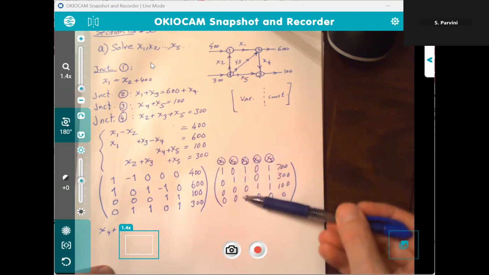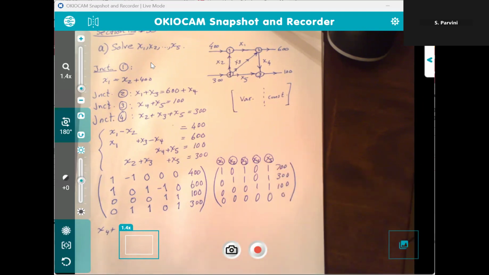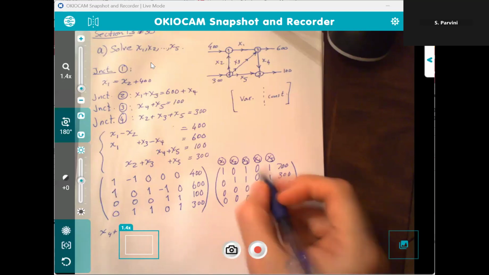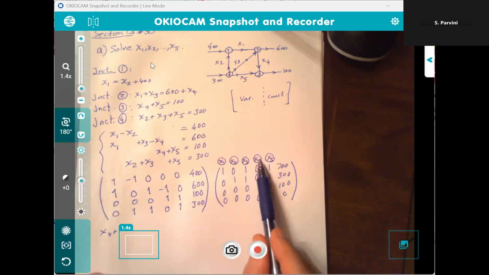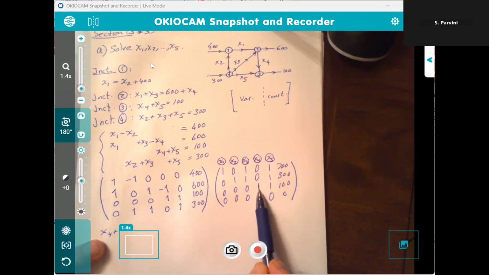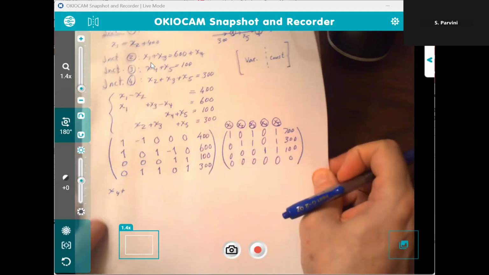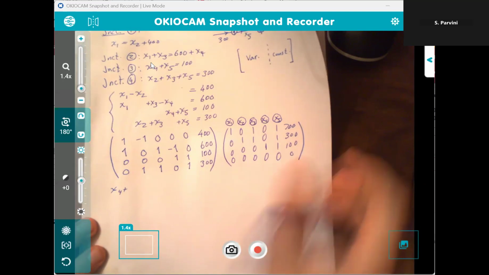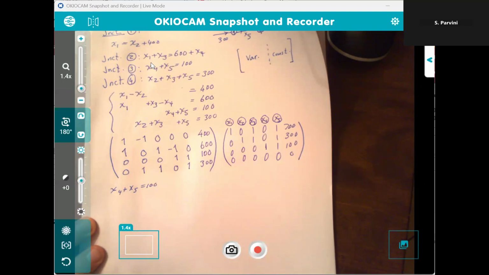So for the third equation, the ones with 0 we can just ignore. That's 0x1, 0, 0, which is just 0. Now, 1 x sub 4, that's the coefficient on x sub 4, so it's x sub 4 plus x sub 5 equals 100, right?